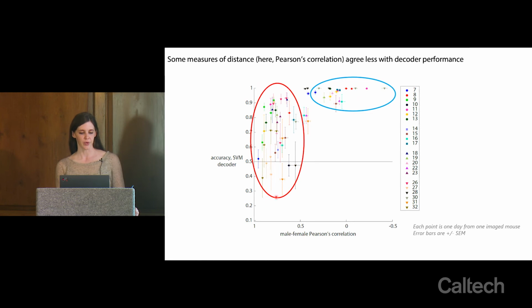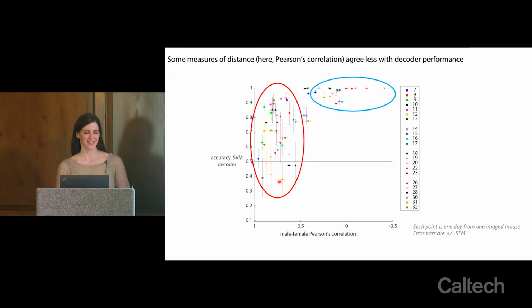But in cases where signals are more correlated, the Pearson's correlation between the mean male evoked response and the mean female evoked response isn't really a good predictor for how well you could distinguish whether a mouse is male or female on a given trial, because Pearson's correlation isn't taking in any information about the variance of distributions. It's just measuring an angle between them.